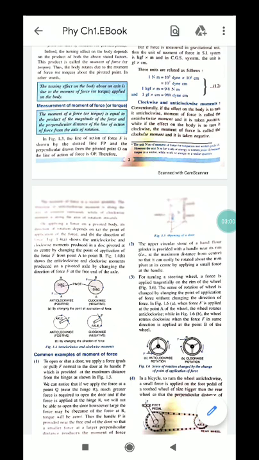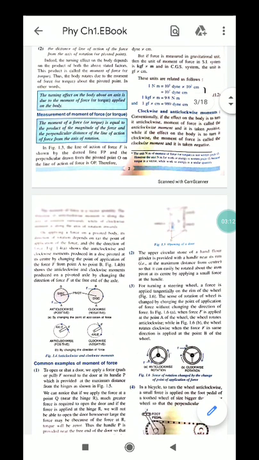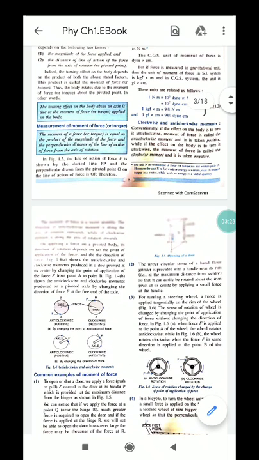CGS gravitational unit is gram force into meter, gf meter. The various units of torque are related to each other as follows: 1 Newton meter equals 10 to the power 7 dyne centimeter, 1 kgf meter equals 9.8 Newton meter, and 1 gf centimeter equals 981 dyne centimeter.